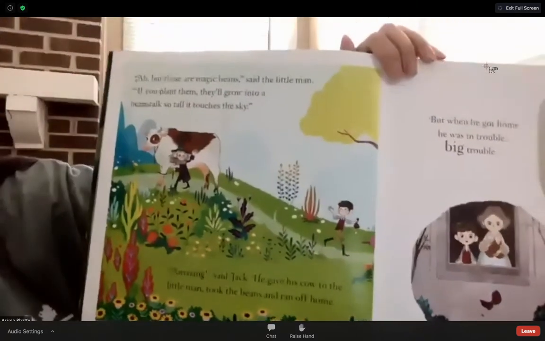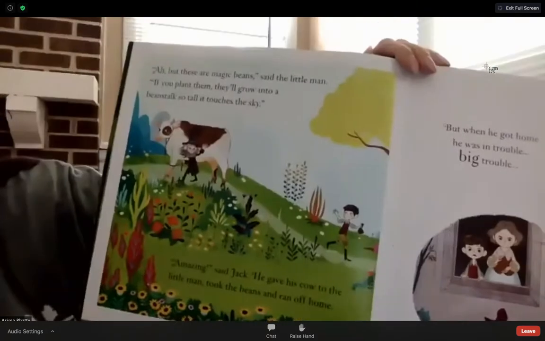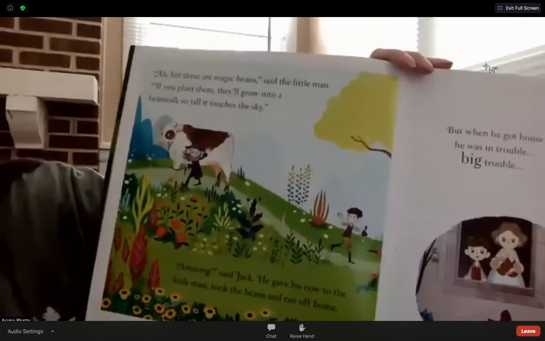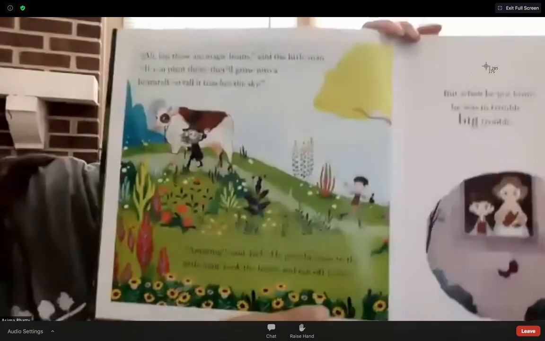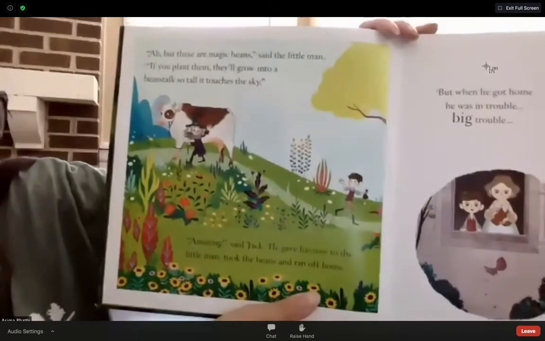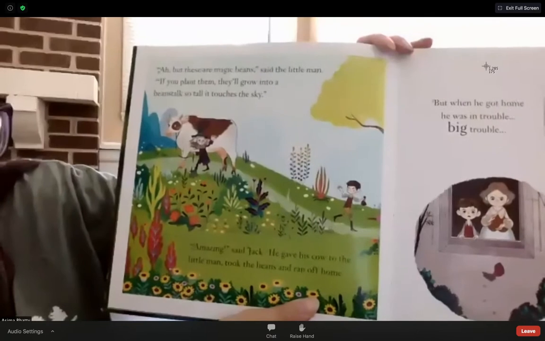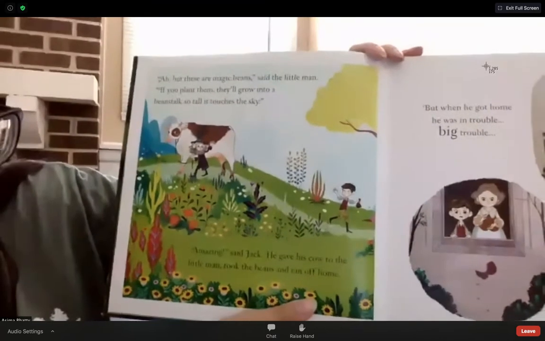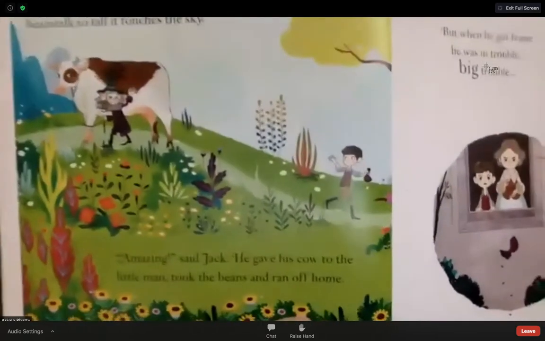"Ah, but these are magic beans," said the little man. "If you plant them, they'll grow into a beanstalk so tall it will touch the sky." "Amazing," said Jack. He gave his cow to the little man, took the beans, and ran off home.